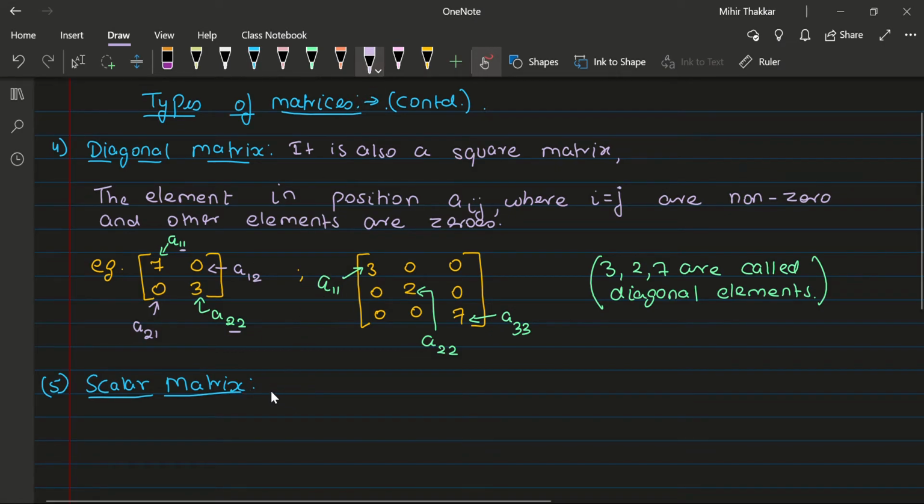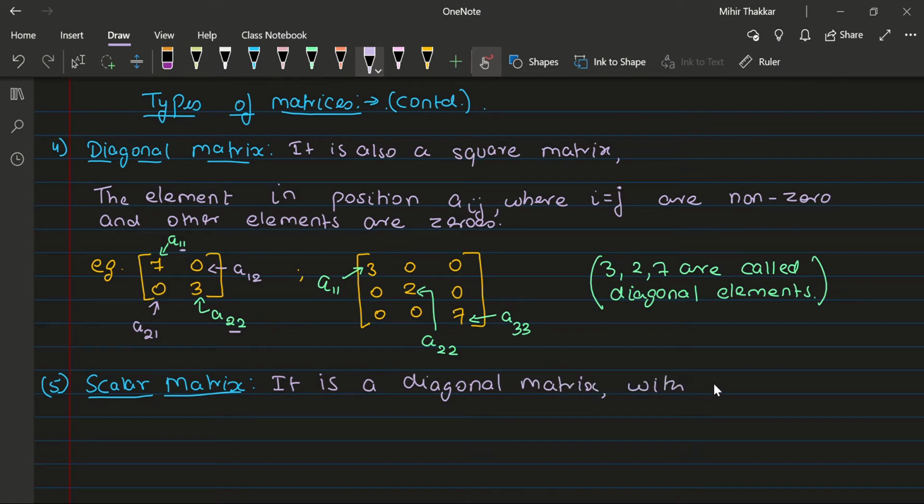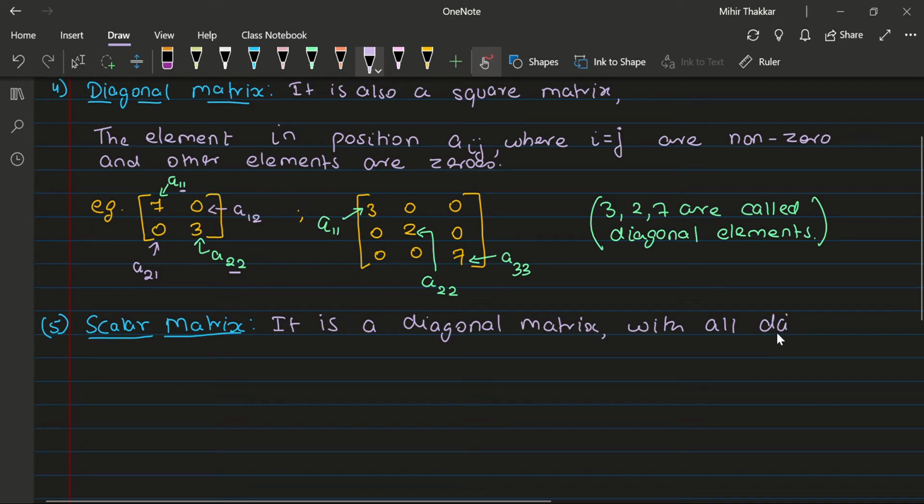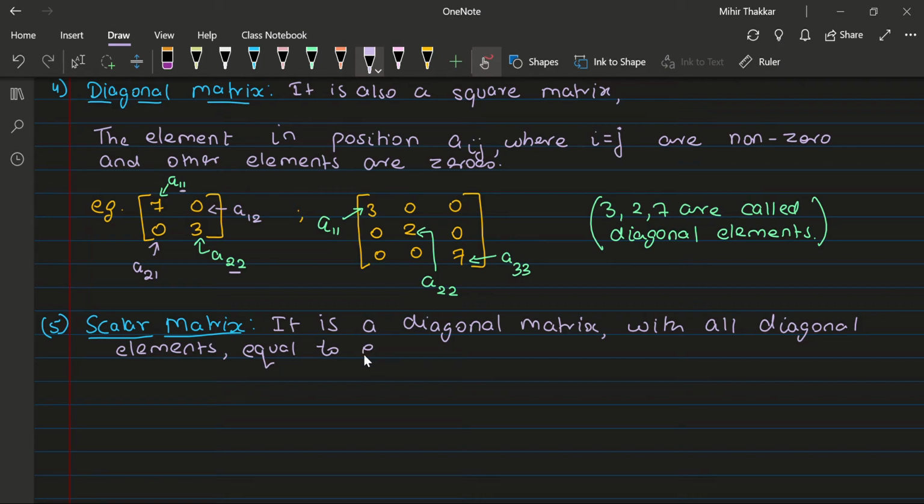So over here, it is a diagonal matrix with all diagonal elements equal to each other, and as usual the non-diagonal elements are zeros, as in the case of the diagonal matrix.